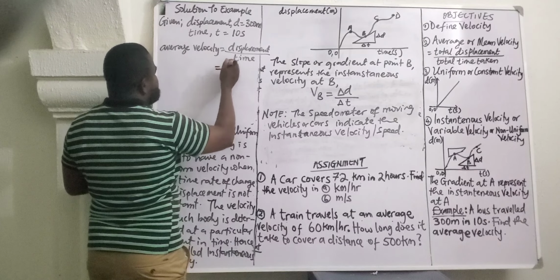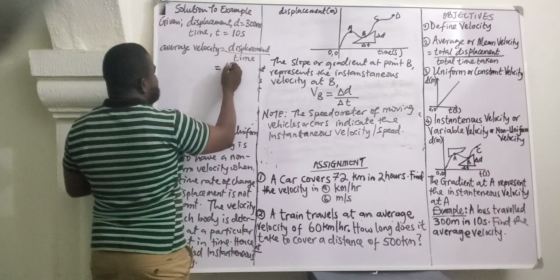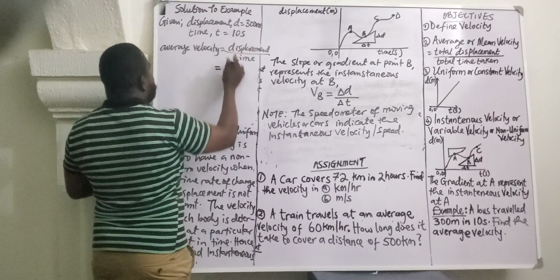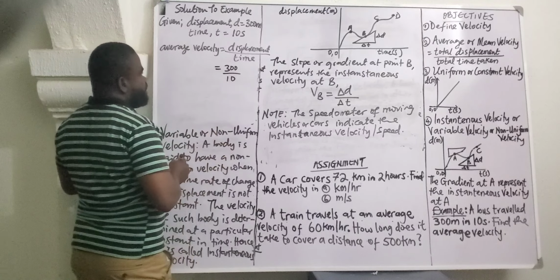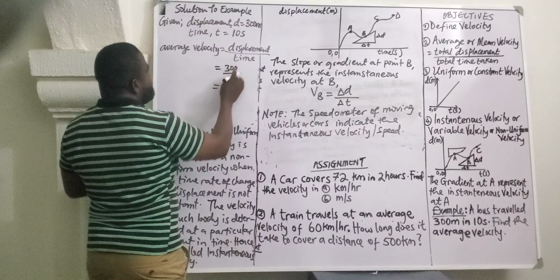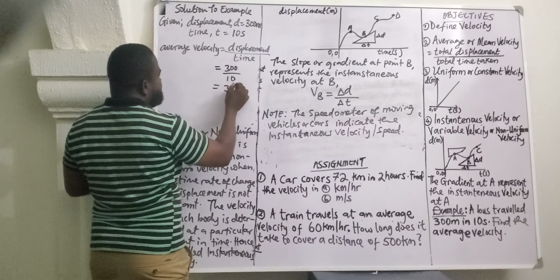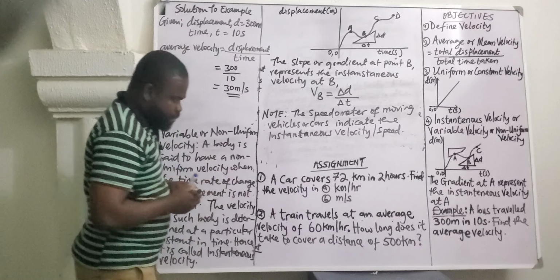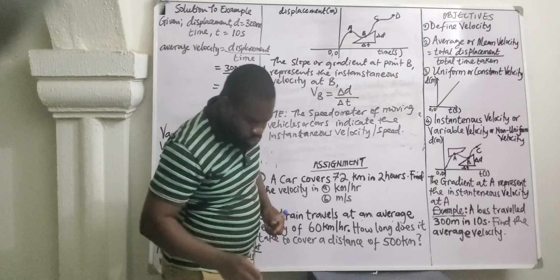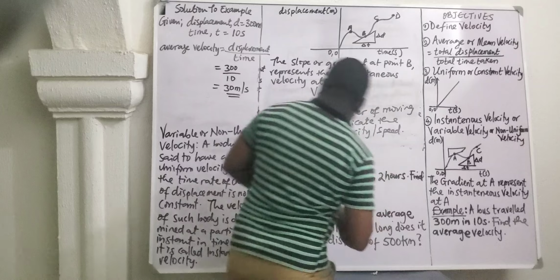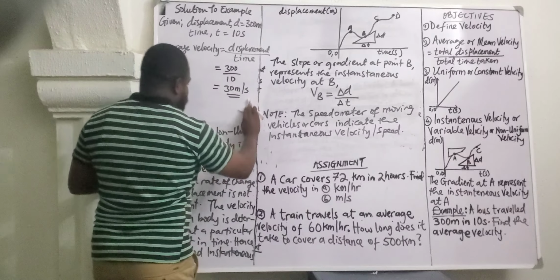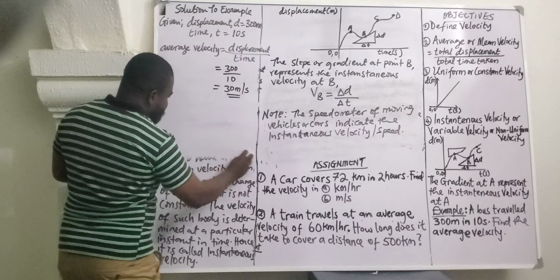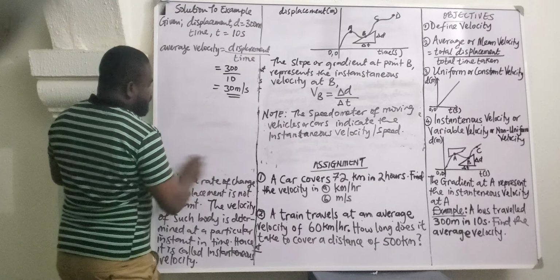So this gives us displacement in value is what? 300 meters, and the time is what? 10 seconds. If you divide 300 by 10, you have 30 meters per second. Good. Probably I should also show you how you can convert from meter per second to kilometer per hour. Let me add that here.